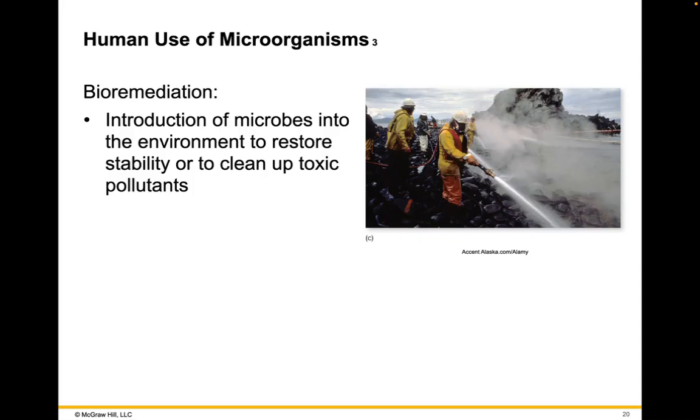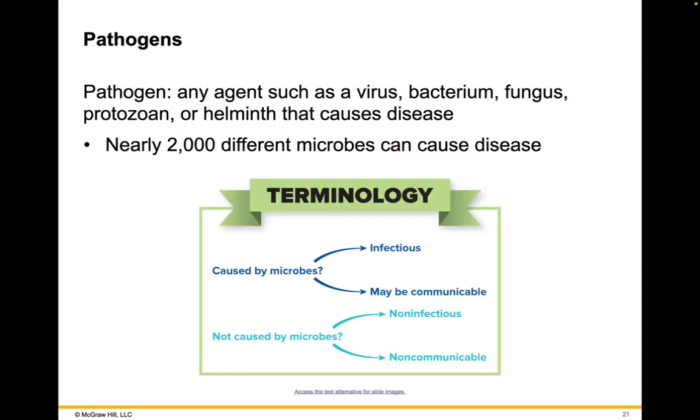They break down oil. So during oil spills, one of the common things microbiologists and ecologists did was perform bioremediation by putting these oil-eating bacteria out at the oil spills to help break down the oil and get it out of the ocean.